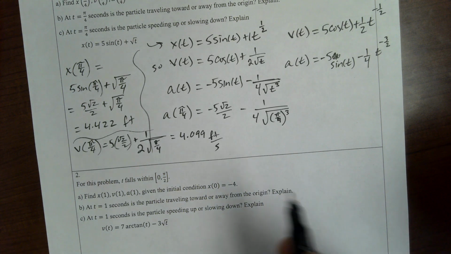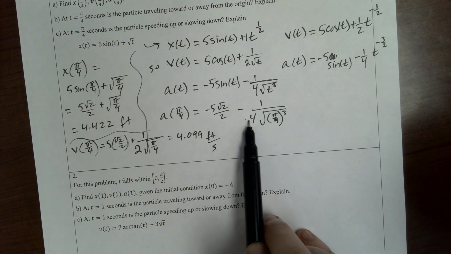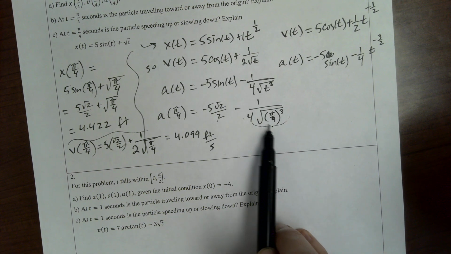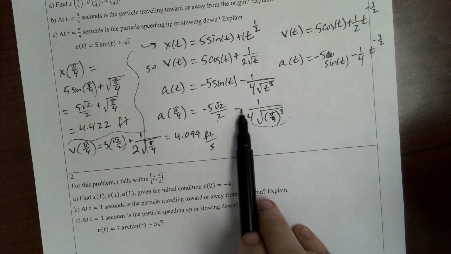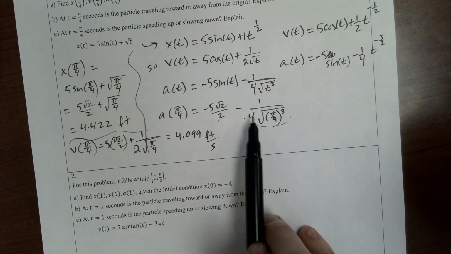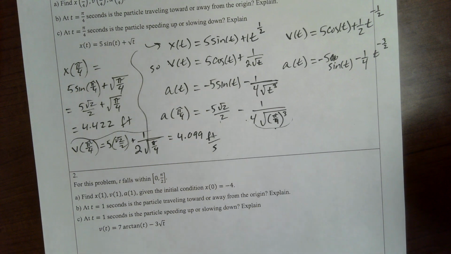Okay, I'll get a decimal, but let's notice this is a negative term, and then this is another negative term. So we are taking a negative number, subtracting from it, actually a positive. Sorry, you're subtracting a positive. So this whole outcome is negative, which means on its own, acceleration being negative doesn't tell us much, but its product with velocity tells us whether the particle is speeding up or slowing down, okay?